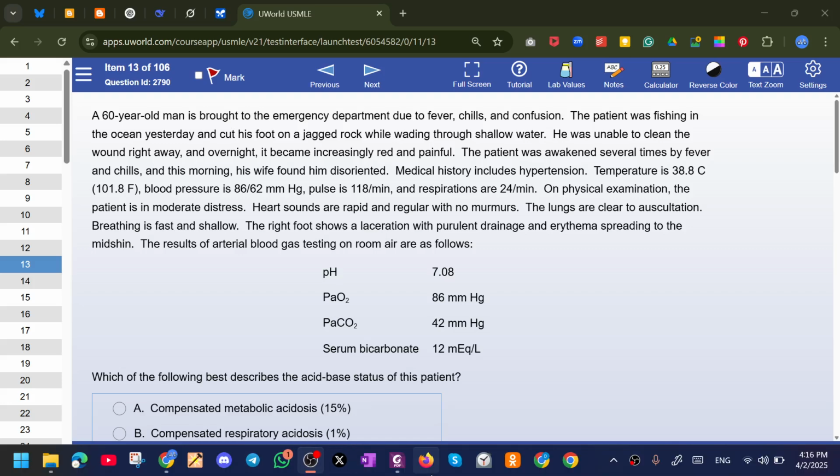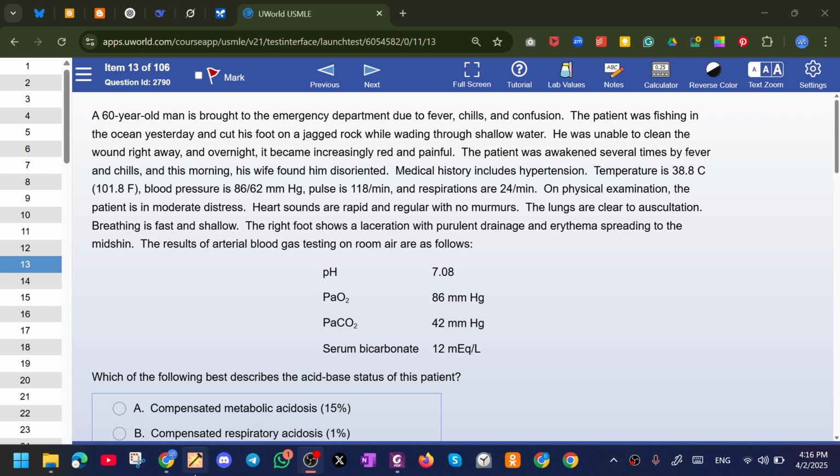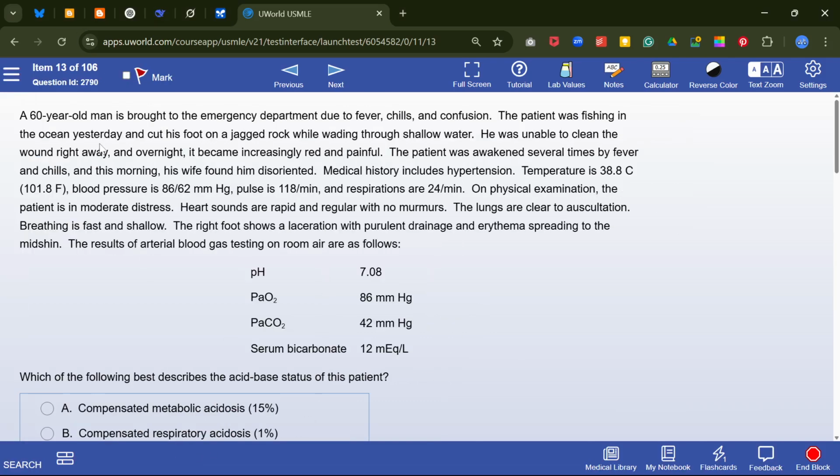Now look at this question. A 60-year-old, look at the pH. pH is low, 7.08. PO2 is normal.